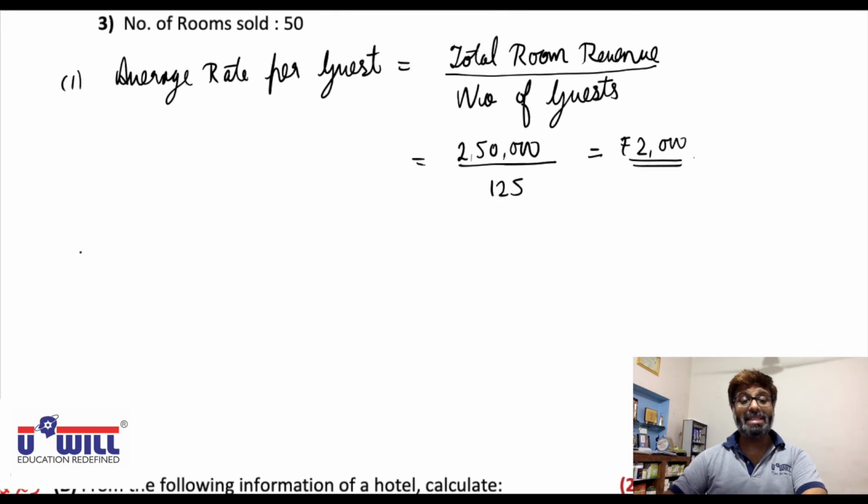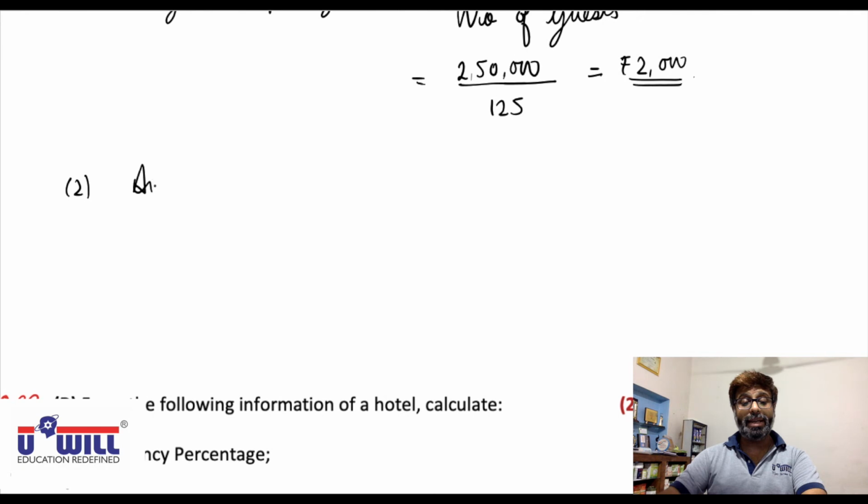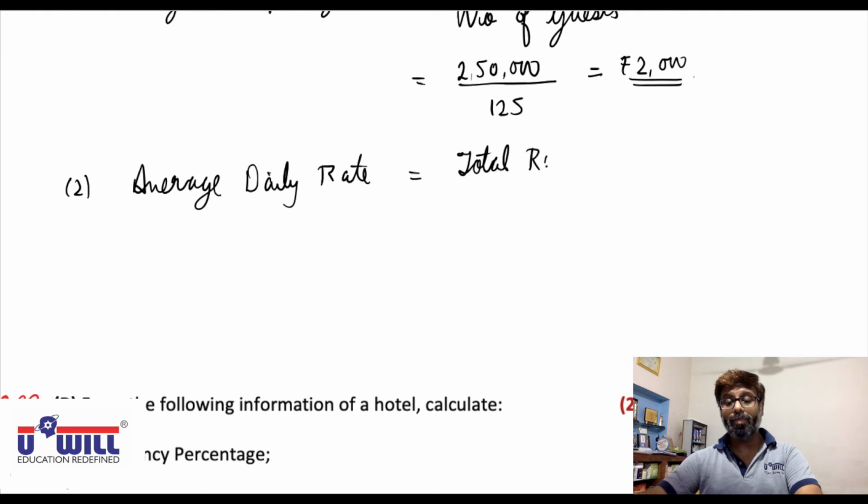And second, what you are asked is average daily rate. Again direct formula will be applied because all the information is already available. So average daily rate equals to total room revenue divided by number of rooms sold.